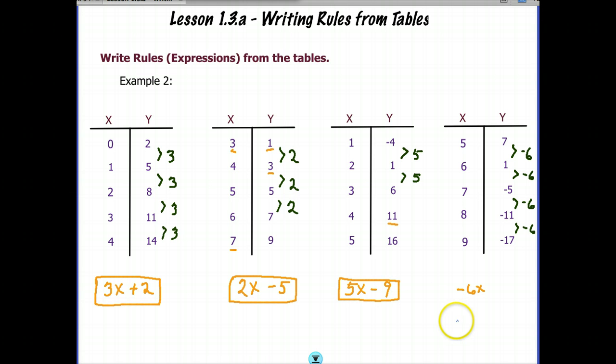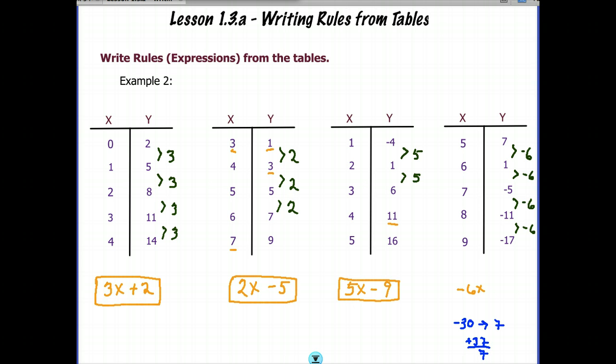So 5 times -6 is going to be -30. Well, we need to get to 7, right? So what do we need to do to -30 to get to 7? Looks like you would have to add positive 37 to -30, and that would get you the 7.